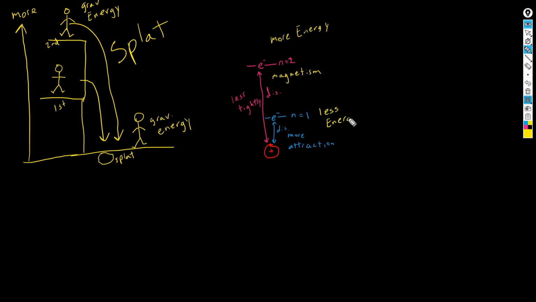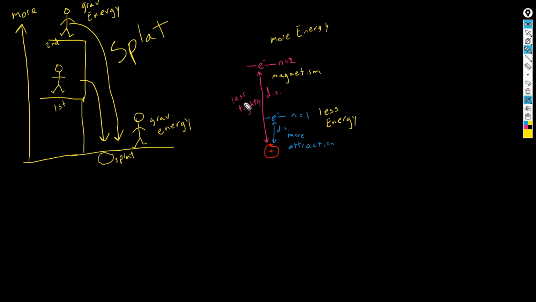And that's because of the same reason as with gravity: there's more distance towards that nucleus, meaning if they were to fall into the nucleus, because they're not going to, they would release more energy as they do so. And that's why we say they have more energy, but they're less tightly held.